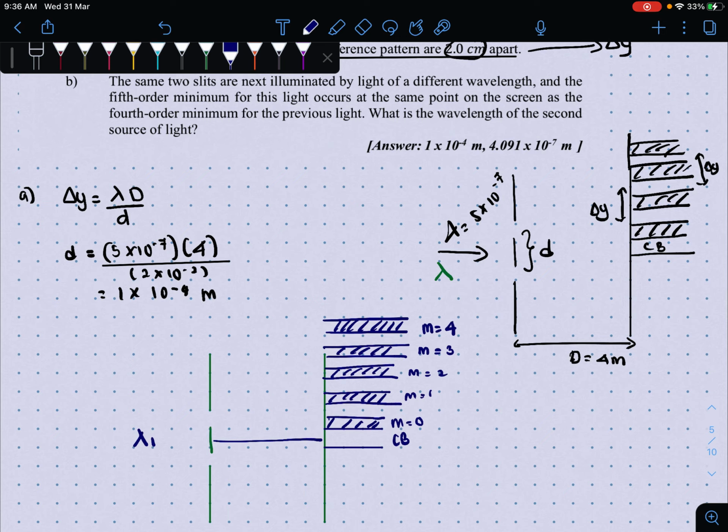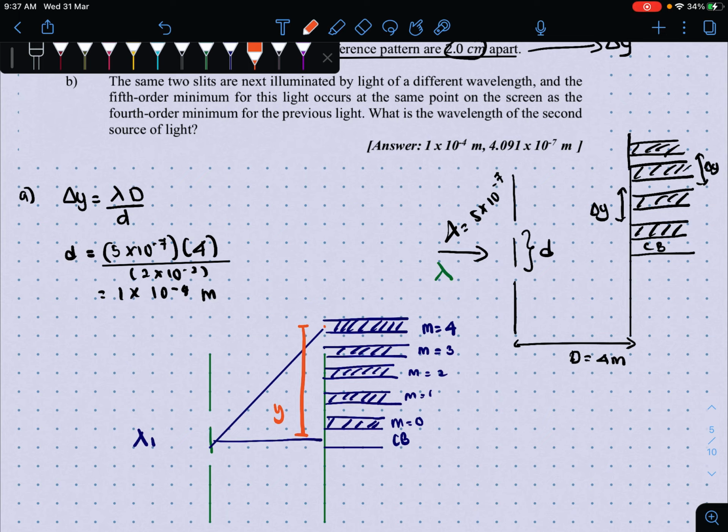So what happened here is, when you use this wavelength, you're going to get a fourth order minimum at a distance of, let's say I call it y, from the central bright.